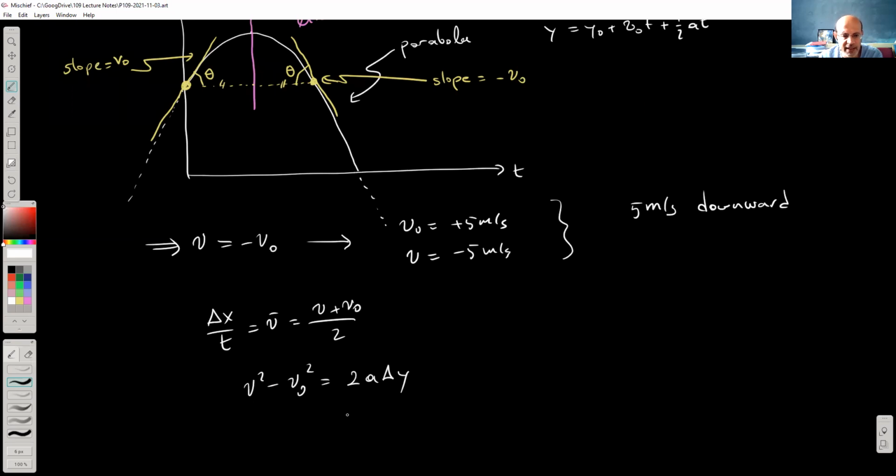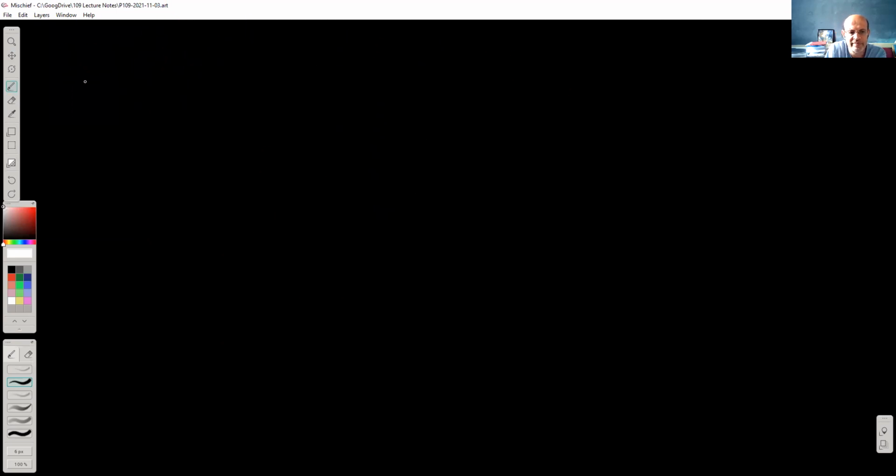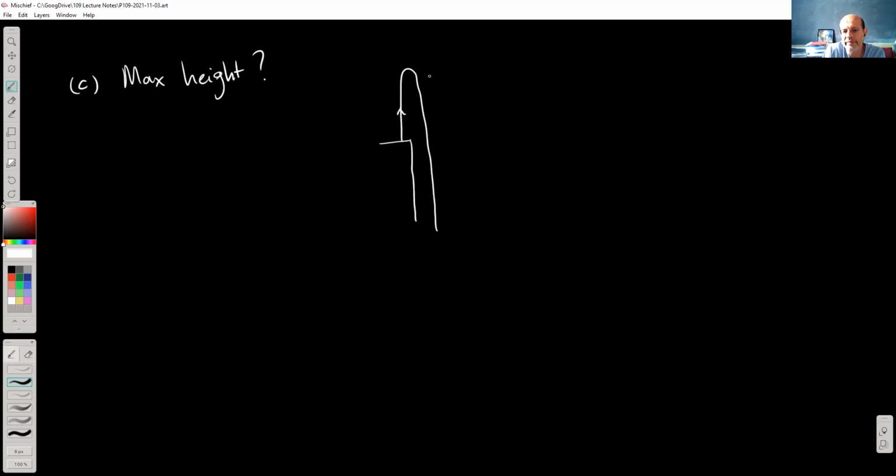Okay, so the last one, maximum height. So it is this one. Basically, we would like to find, in this problem, that distance, which is essentially the displacement, at the time when the velocity becomes 0.